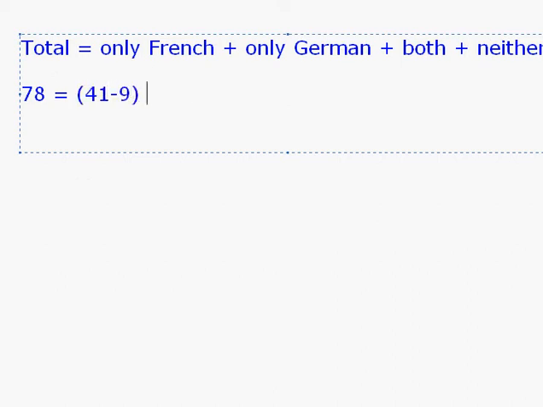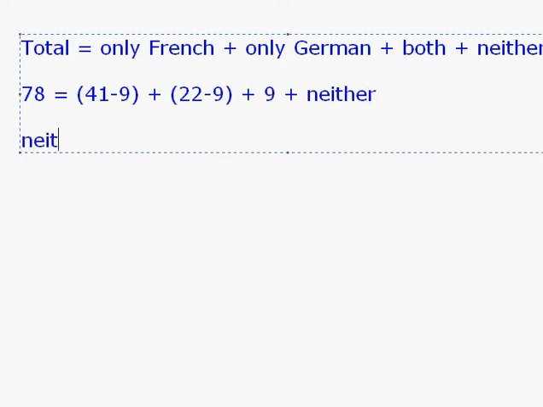Similarly, for only German, 22 students were taking German, so it will be 22 minus 9, okay?